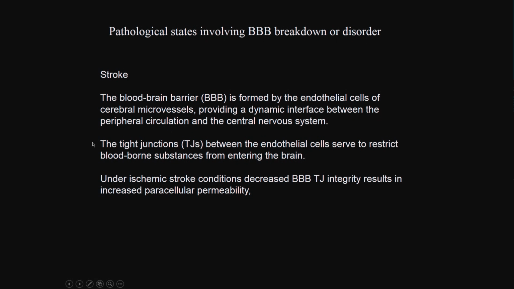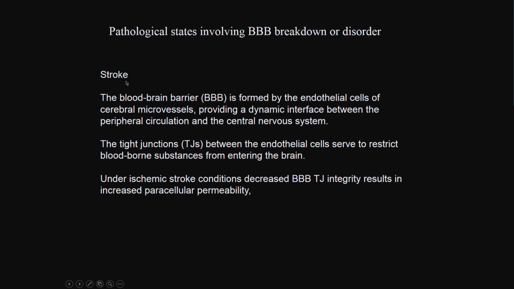It has a lot of tight junctions, called TJ, between the endothelial cells that restrict blood-borne substances. Under ischemic stroke, TJ integrity decreases. That means there could be a lot of paracellular permeability, as the tight junctions get loose and a lot of gaps are produced.